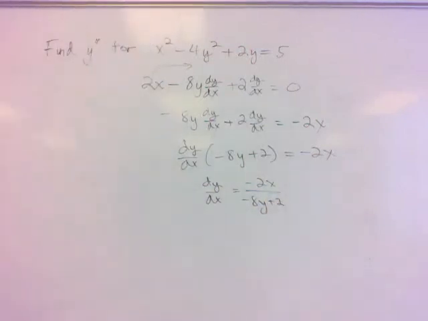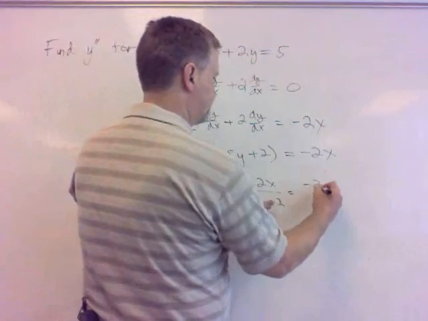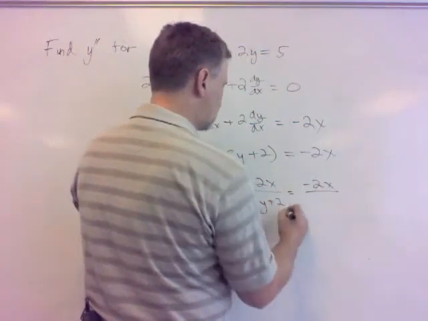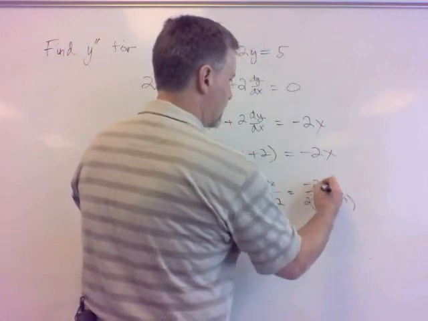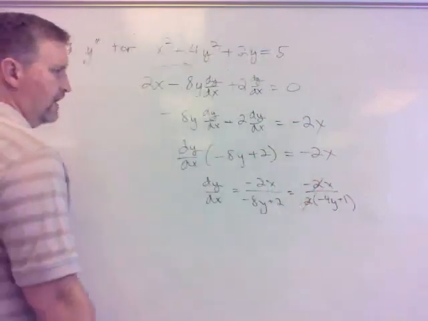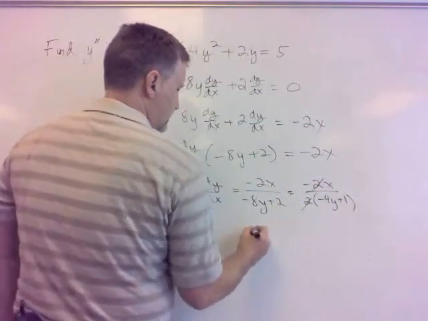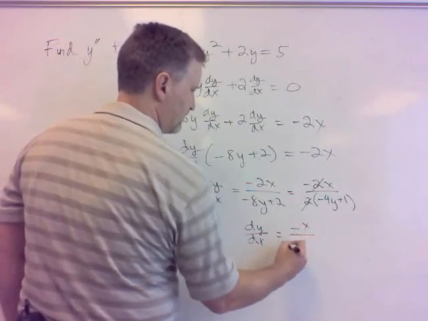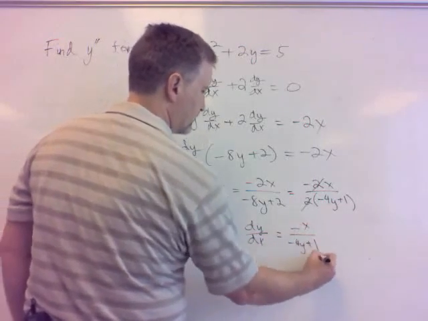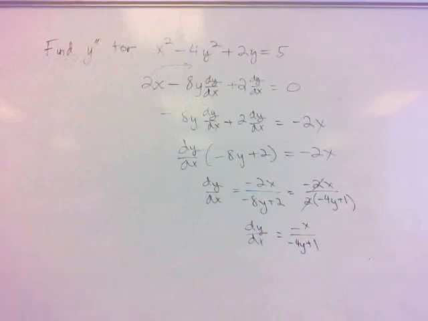And if you see it, you don't have to, but if I factor off a 2 here, I can cancel the 2 on top and on the bottom. So let's go with dy/dx equals negative x over negative 4y plus 1, or 1 minus 4y, whichever you prefer.